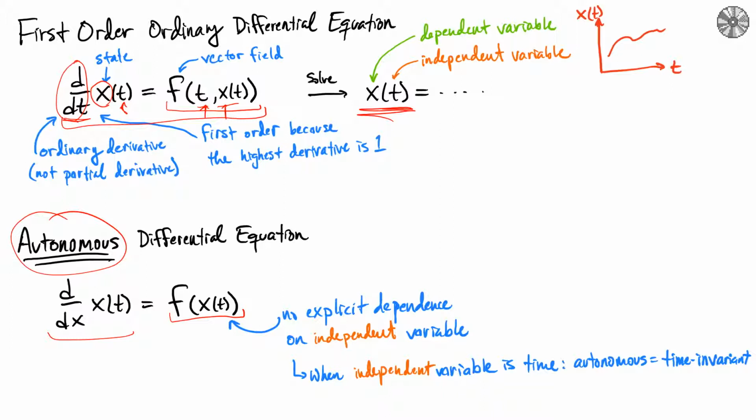There is dependence on t implied through the state x, because x depends on time, but f isn't going to have any terms like t squared, square root of t, t times x, and so on. That means the independent variable t is not present in the expression of the differential equation.